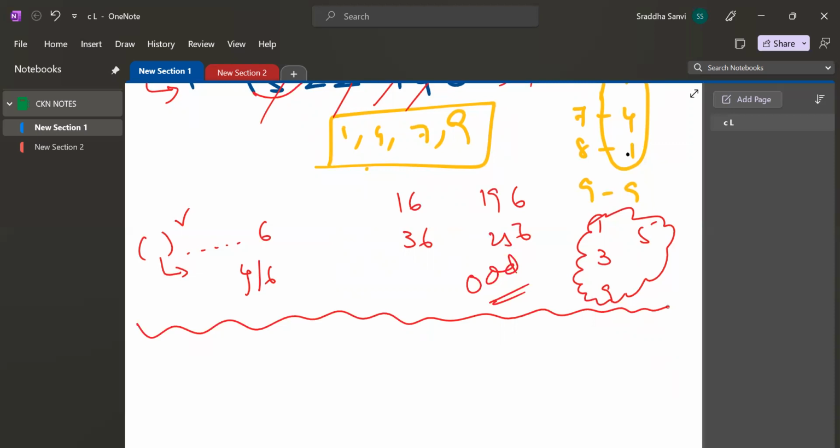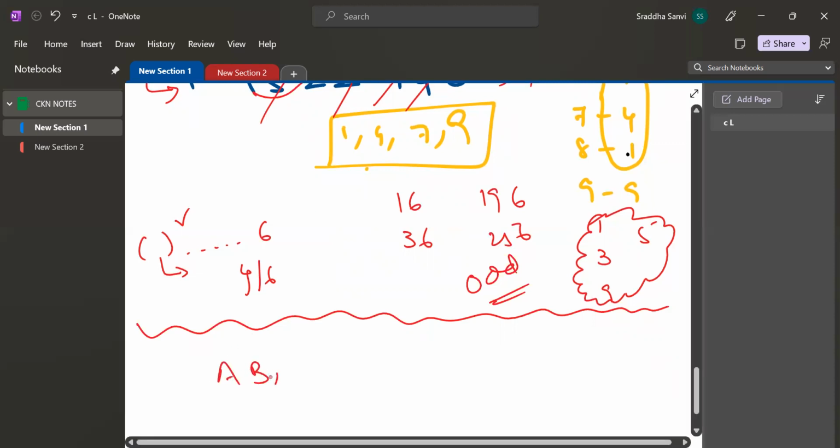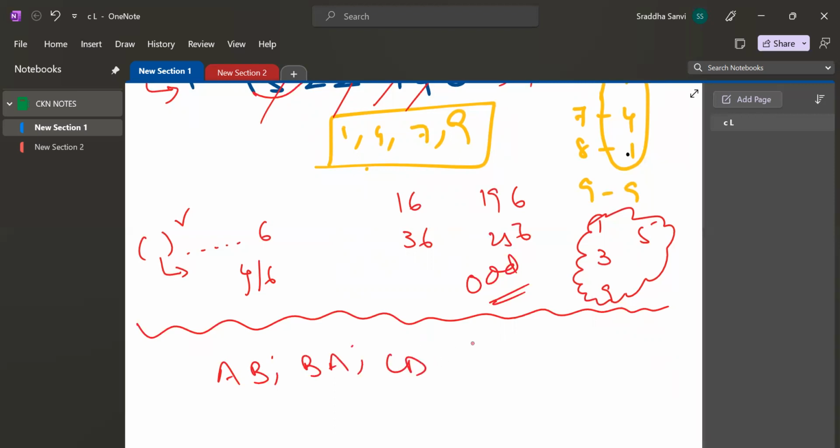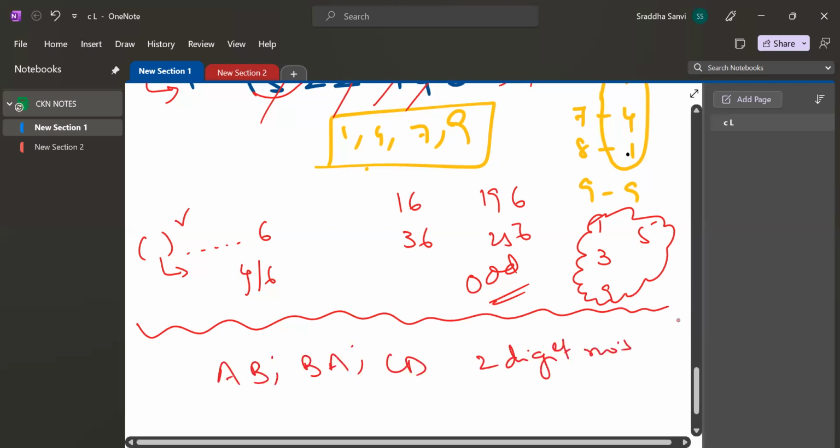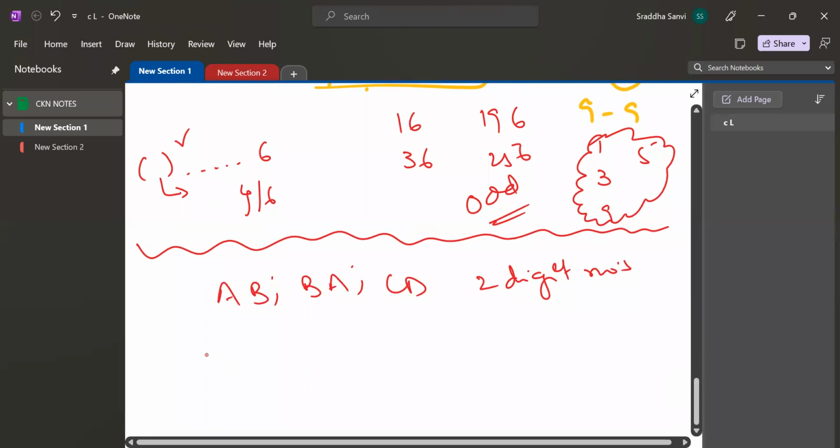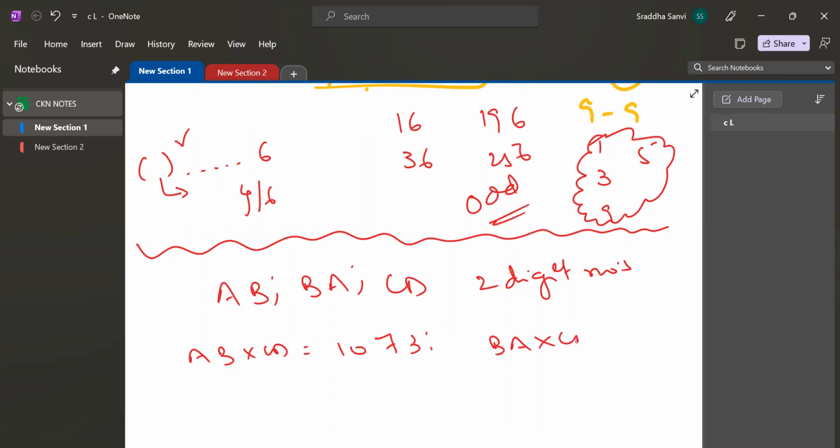Yes. For example, they gave me a question: AB, BA, and CD are two-digit numbers. They also said that AB into CD equals 1073, BA into CD equals 2117.